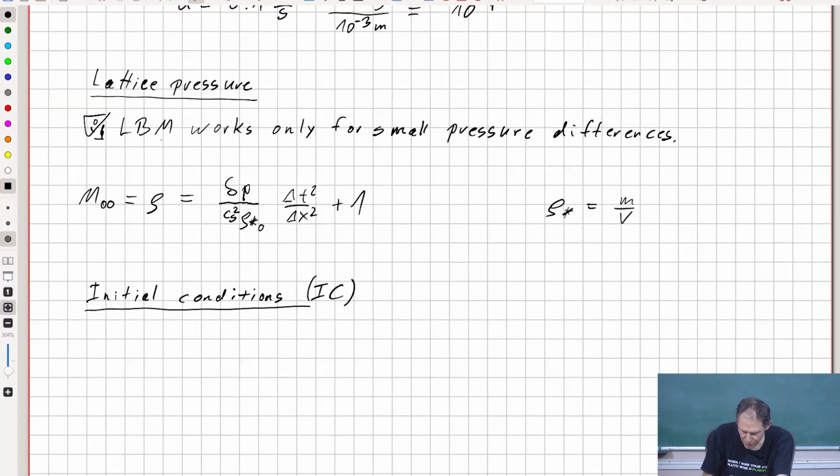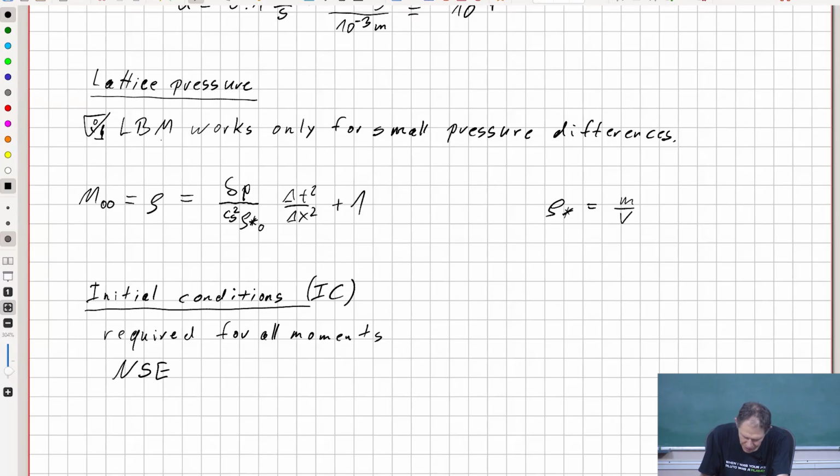There is a difference between these initial conditions and the initial conditions that we use in the Navier-Stokes equation. Here we require initial conditions for all moments, or you could equally say for all populations, the entire distribution functions.